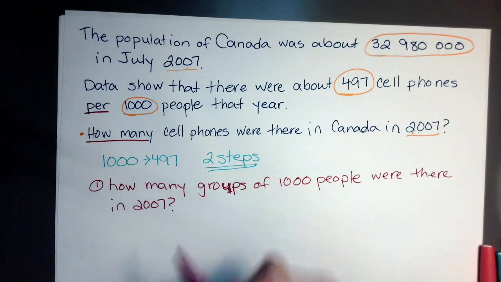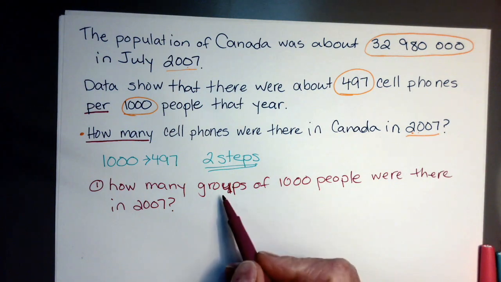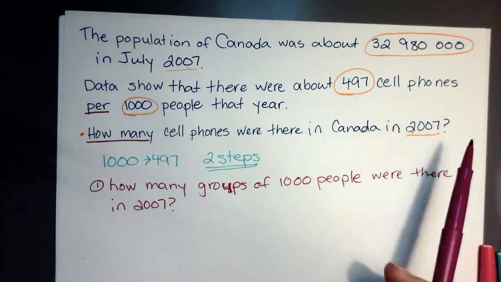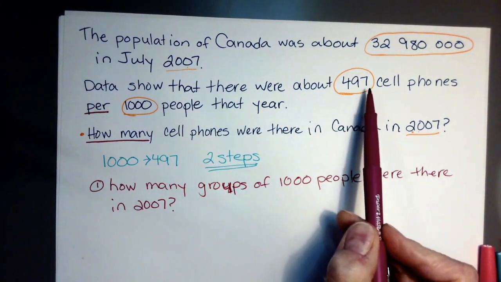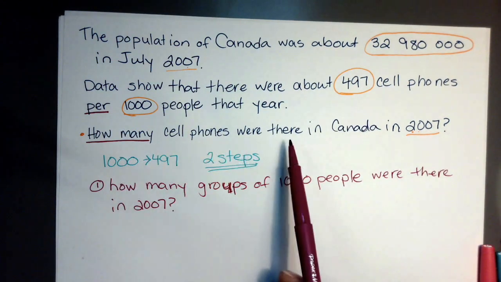And once we know that, we will be able to take that answer, the answer to this problem, and multiply it by 497 to give us the answer of how many cell phones were there in Canada in 2007.